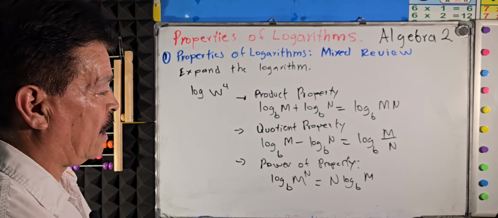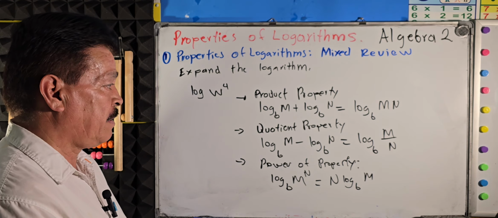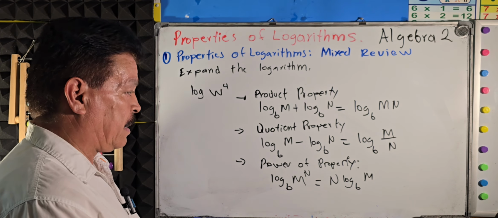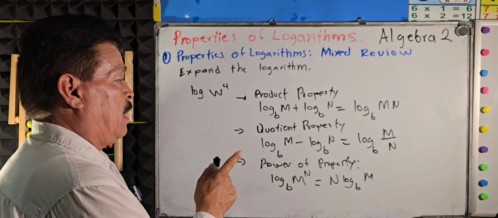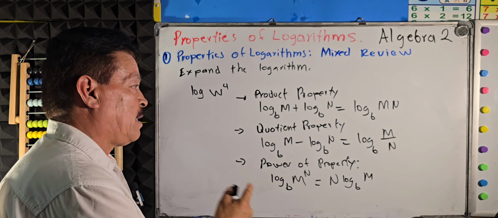Those are the main properties. We already know these properties, but we have to remember them. I will erase these 3 properties, but keep these main ideas in your mind.